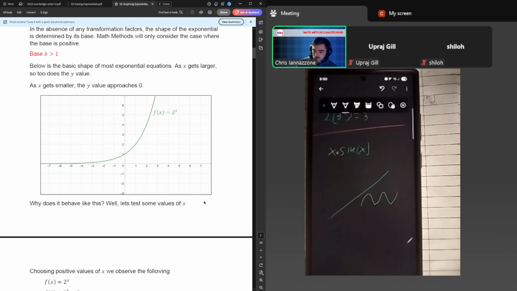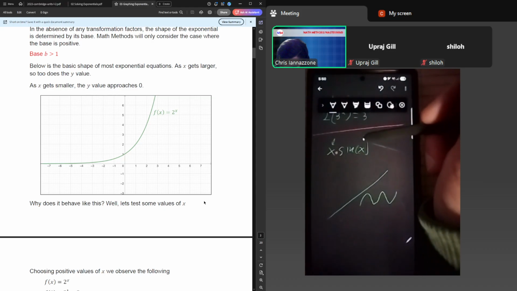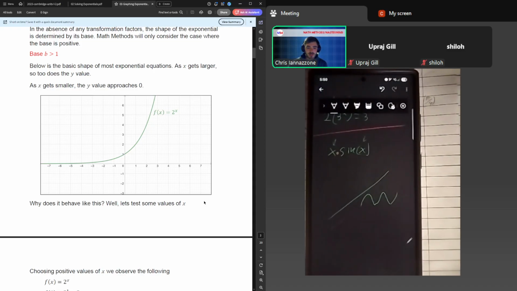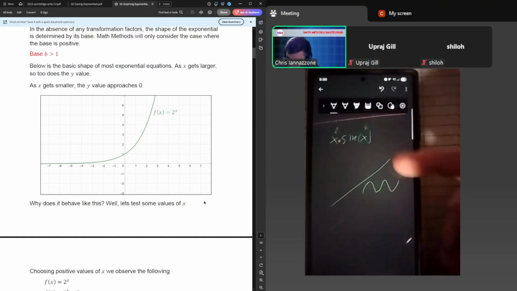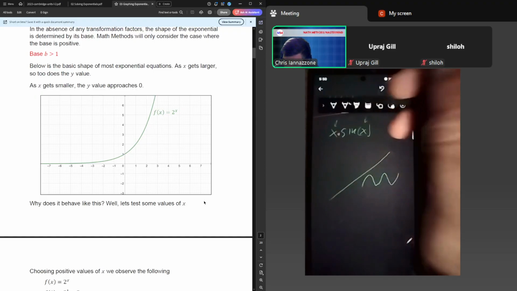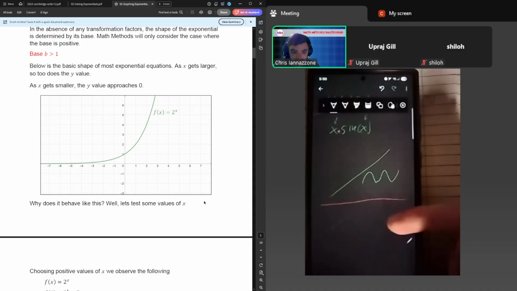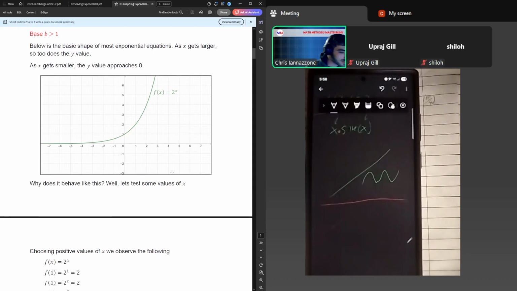So little tricks like being able to test some values, like if you sub in pi over 4, for instance, we know what sine of pi over 4 is. We can get not even just an estimate, but an actual value for what the y would be at those spots. So little tricks like this can help with more complicated graphs that aren't necessarily tested in methods. But anyway, we're not quite doing that today.